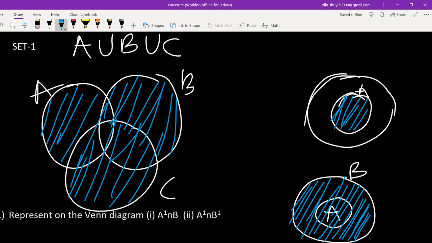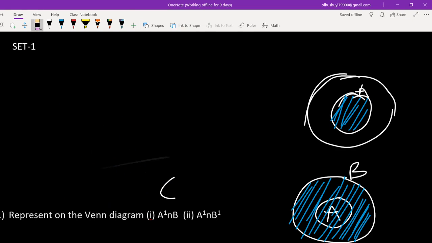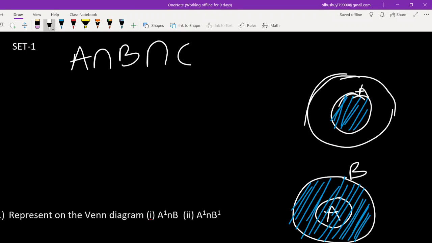If you have A intersect B intersect C, what do you have?